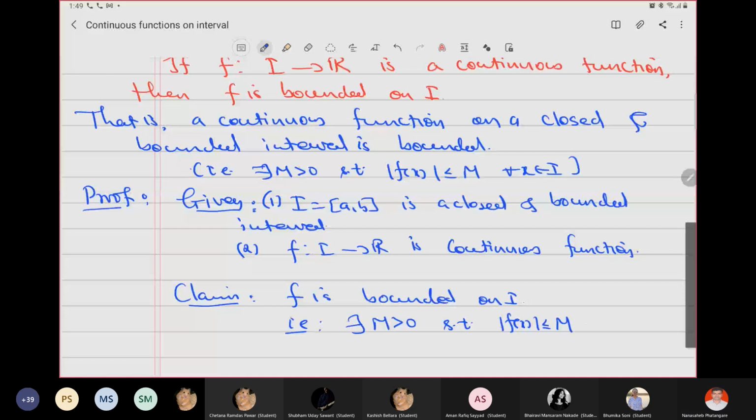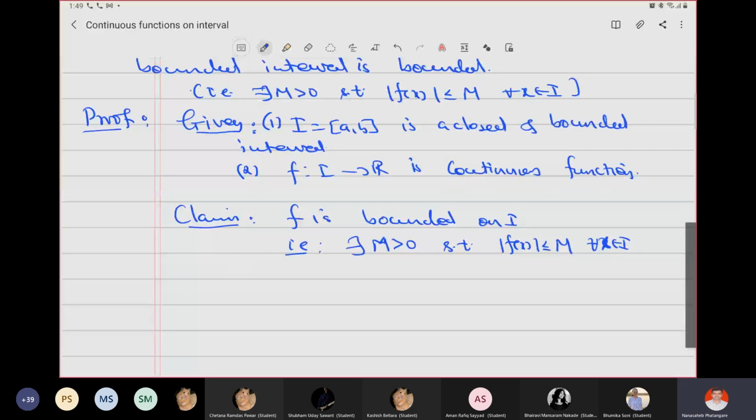Suppose, on the contrary, suppose there is no such M. We are assuming the negation, then we'll get some contradiction.